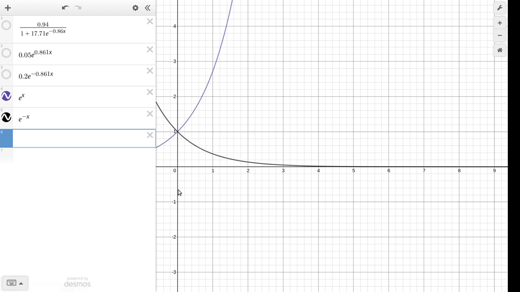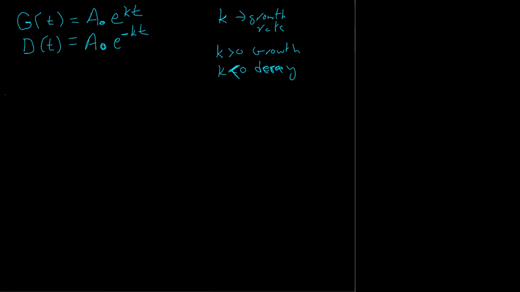Now they both start at 1. And what this is telling us is that when the time is 0, this e to the kt, when t equals 0, is equal to 1.